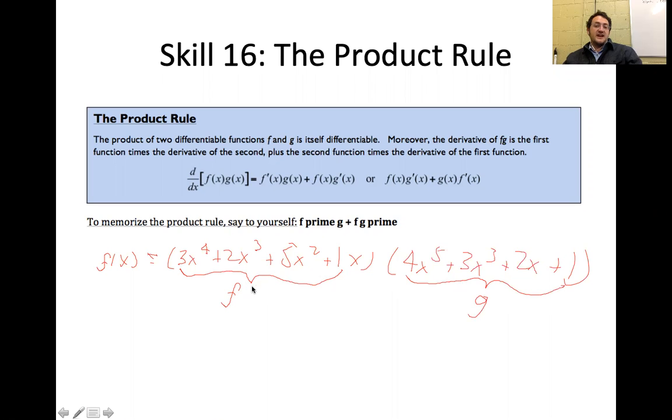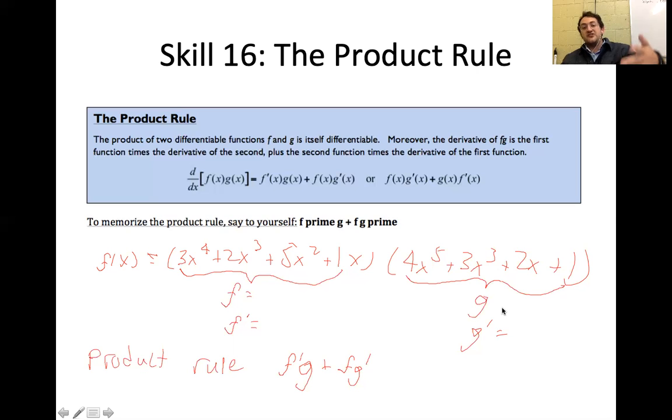You take the f and the g, and you also want to make sure you take the derivatives of each of those pieces. And the product rule formula is going to be f prime g plus f g prime.